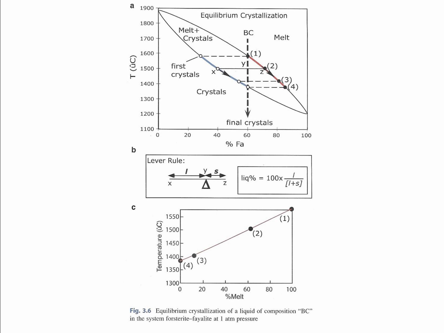That means our melt will always change its bulk chemical composition, because when we form a lot of olivines, we extract a lot of magnesium from our melt. The residual melt becomes more and more magnesium depleted, because all the magnesium is picked up by our olivine crystals.